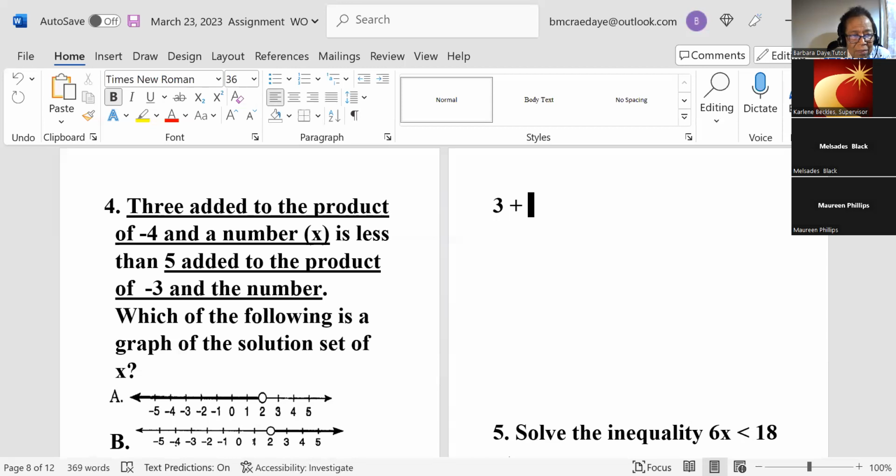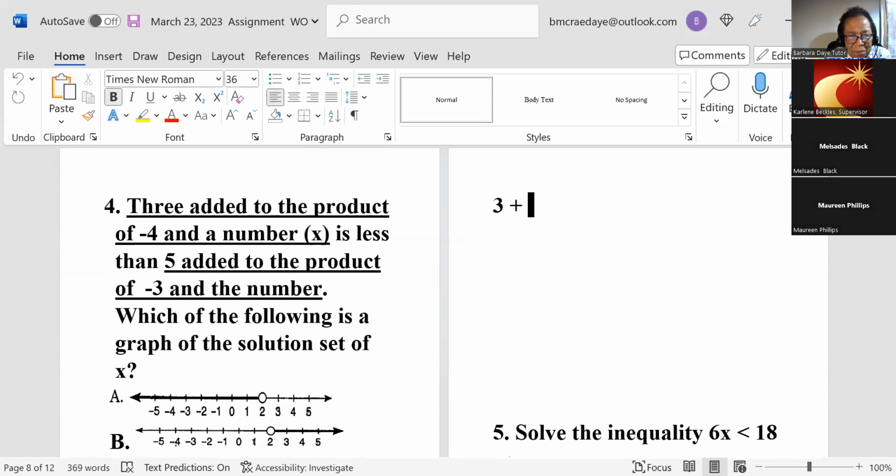I don't know if I should put a bracket and put 4 minus 4 in it. I'm not sure, that's why I was a little confused right there. Maureen may be able to help you out. Maureen, what does that look like? The product of -4 and a number x.